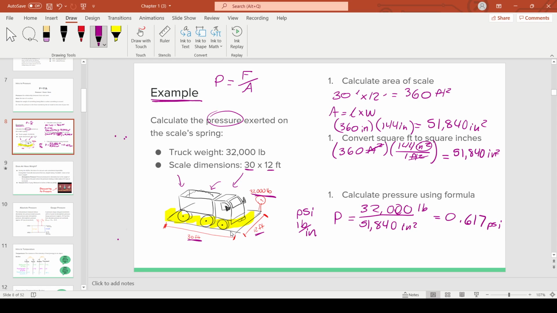That means for every little tiny inch of this spring scale, 0.617 pounds is being exerted on it.